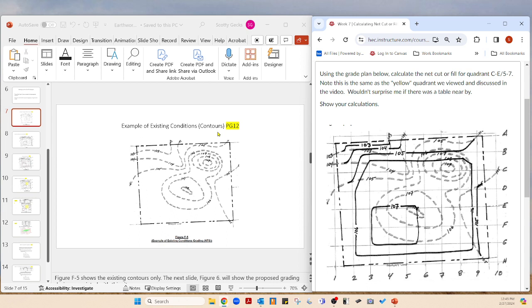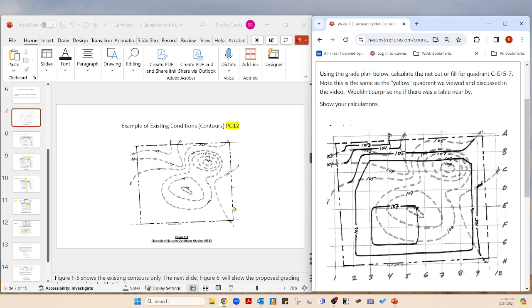This is a future site plan. This is the topographic survey, also known as a grade plan. So these are existing grades, the way the site is before anything is done to it.